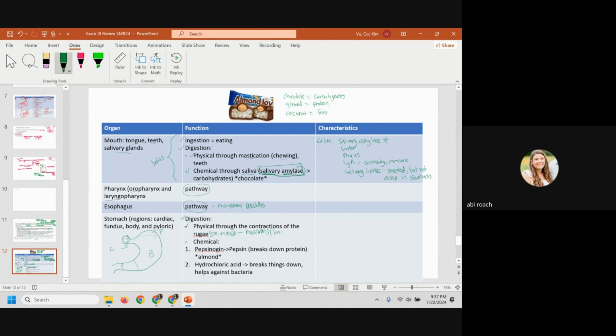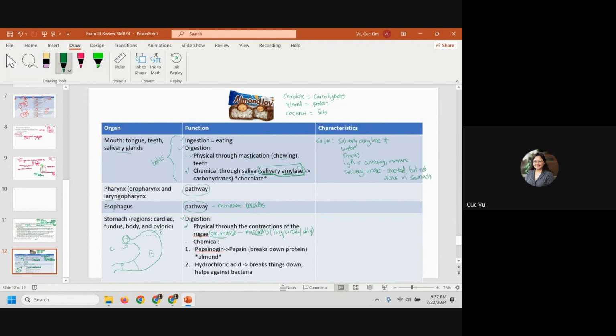Longitudinal, circular, and that's where the obliques come in. Yes. So you've got the longitudinal, the circular, and the obliques, all in the muscularis, and they are all smooth muscle.